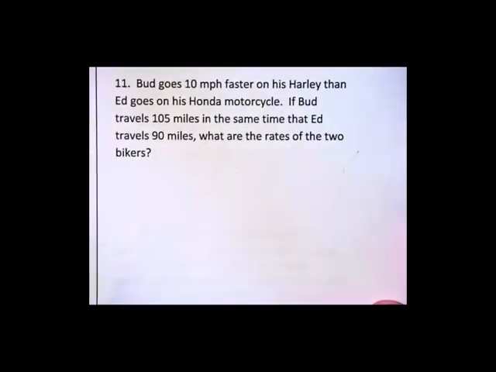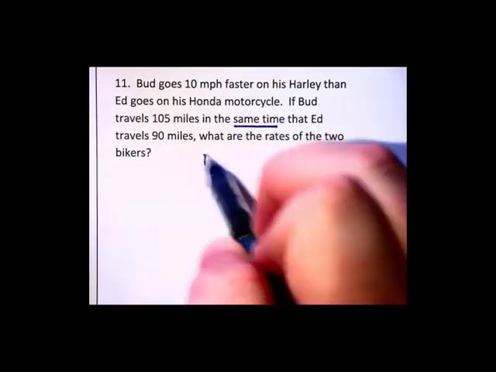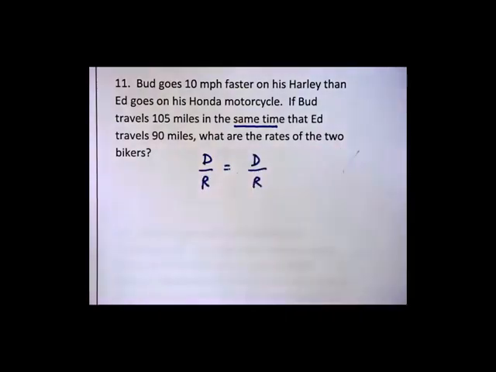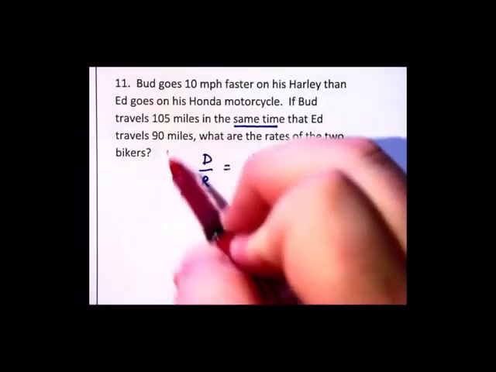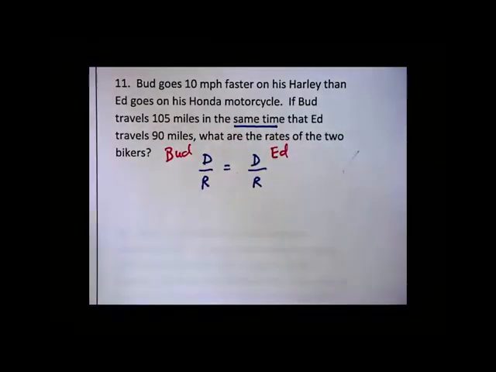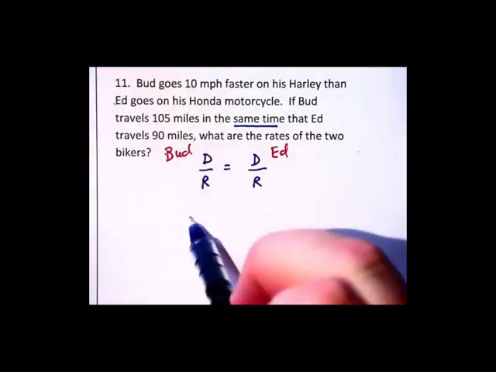We've got two people riding on their motorcycles. We see in the same time, so I'm going to have d over r, time for one person, time for the other person. The two names of the people are Bud and Ed, so I'll assign them each a fraction. Let's try this again.